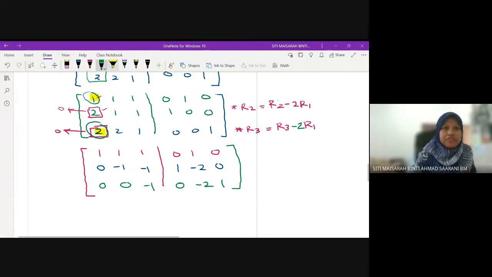Okay, then we are going to change this position. Second position on the leading diagonal. We want to obtain sini nak dapat 1 ya. Okay, so this one is negative 1. Kalau nak dapat 1, we can multiply the row 2 with negative 1.